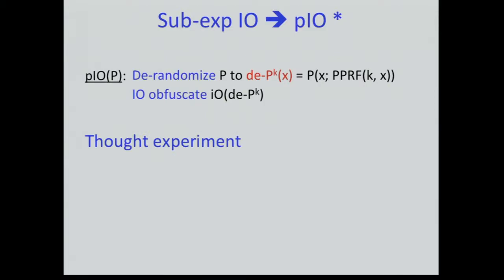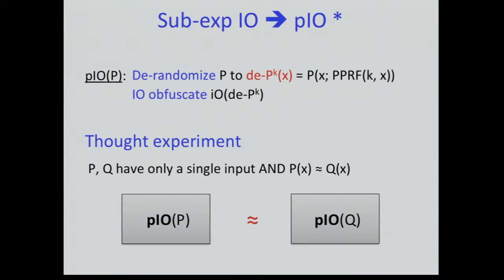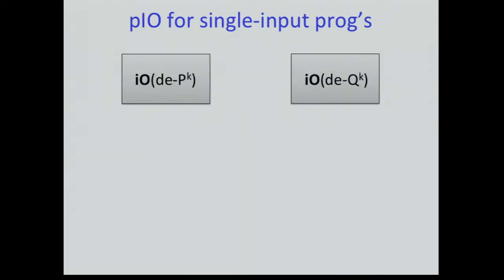As a thought experiment, let's assume that P and Q have only one input. Since they only have one input, I require the output distributions to be indistinguishable. To show that this construction of PIO is indistinguishable, I just need to look at the IO of their de-randomized versions. The proof is really a one-liner.